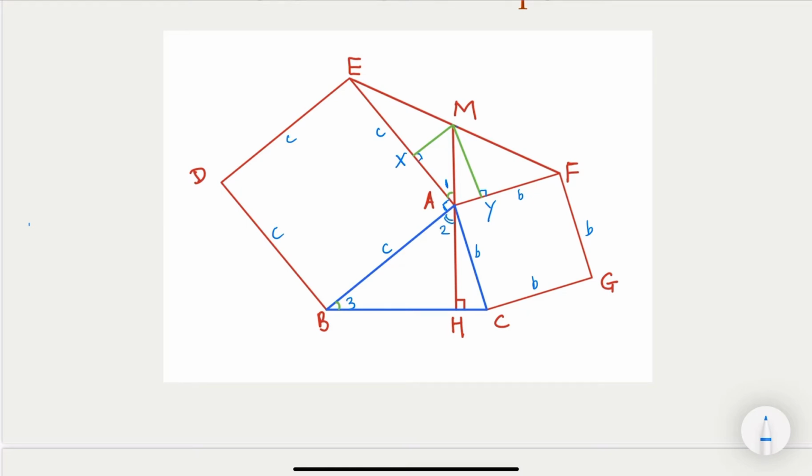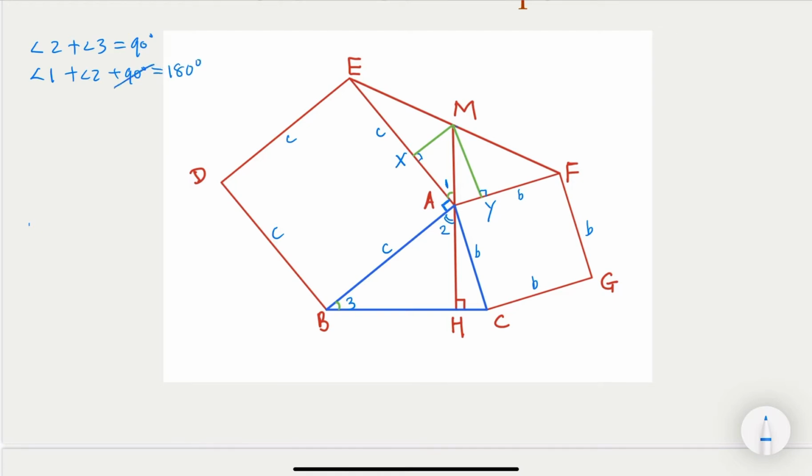All right. So notice that 2 and 3 add up to 90 degrees. That's very clear because in the right triangle, 2 and 3 add up to 90 degrees. But how about 1 and 2? Because 1, 2, and this right angle here add up to 180 degrees. Of course, in that case, 1 and 2 plus 90 degrees equal 180 degrees.